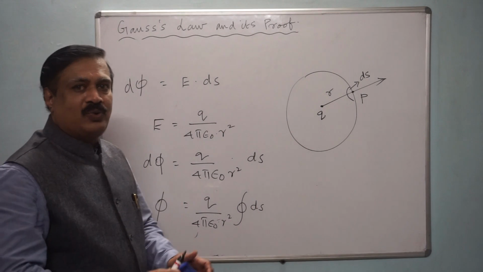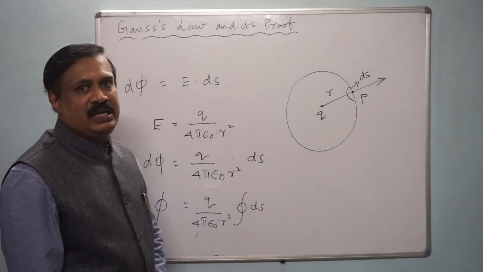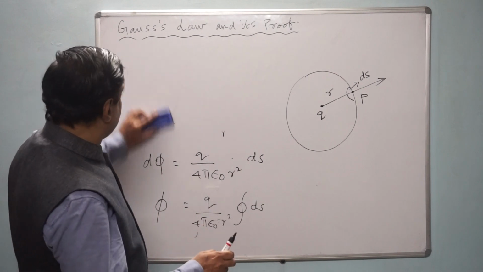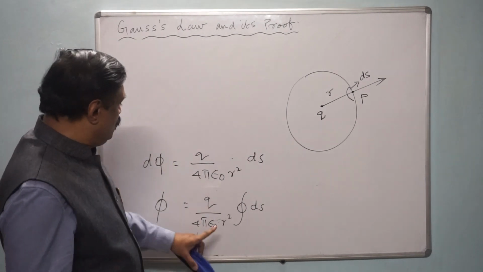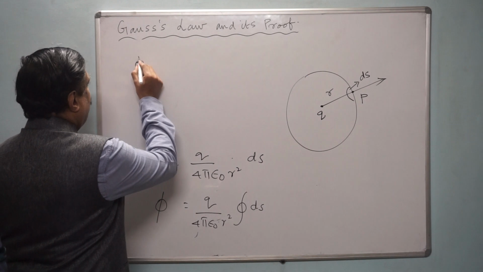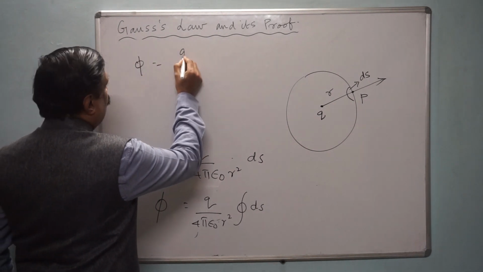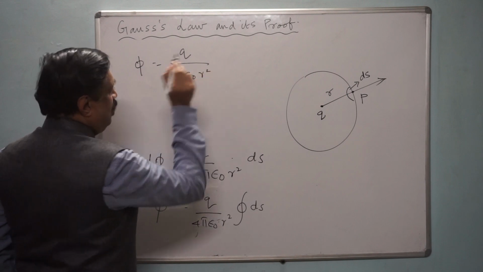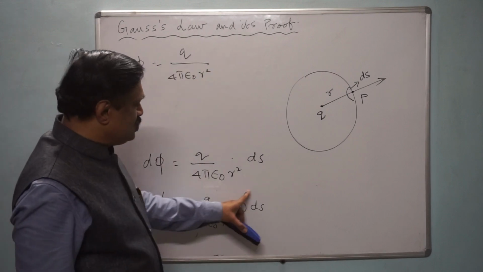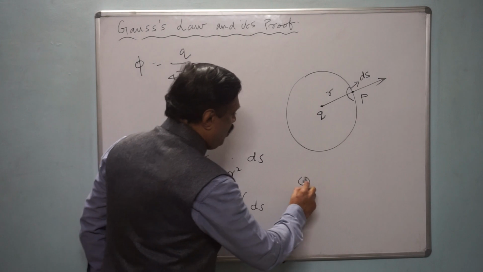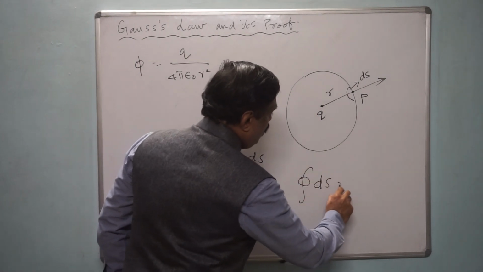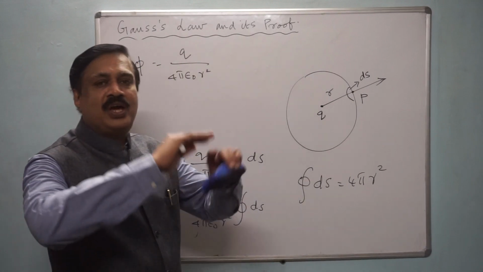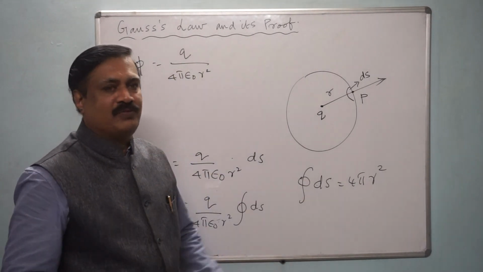That means you are going to calculate the total area of this sphere. The surface integral of ds equals 4 pi r squared, that means the outer area of the sphere.